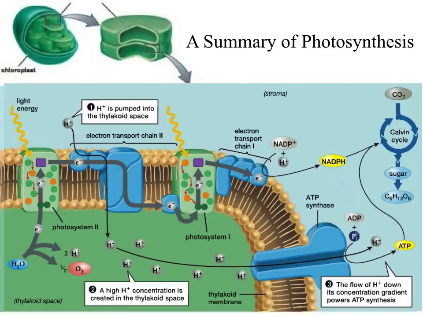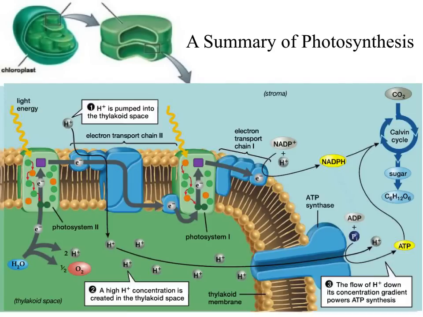The two green boxes are photosystem 2 and then photosystem 1. Why in that order? It's in order of discovery. Photosystem 1 was discovered first, and electron transport chain 1 was discovered first, and later on it was found that there are actually two more that occur even before those two. And so, in the exact order, you have photosystem 2, then electron transport chain 2, then photosystem 1, then electron transport chain 1.